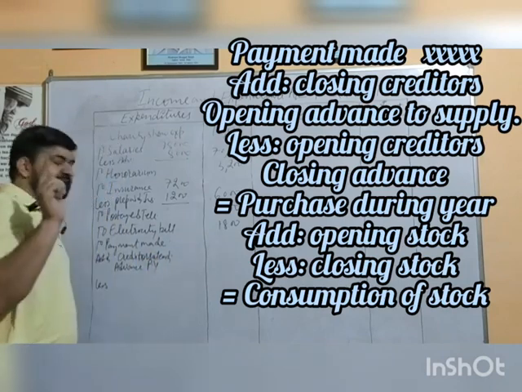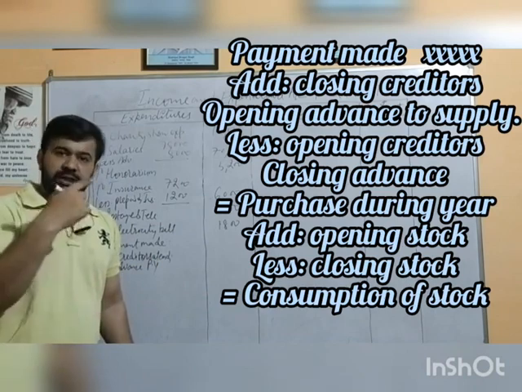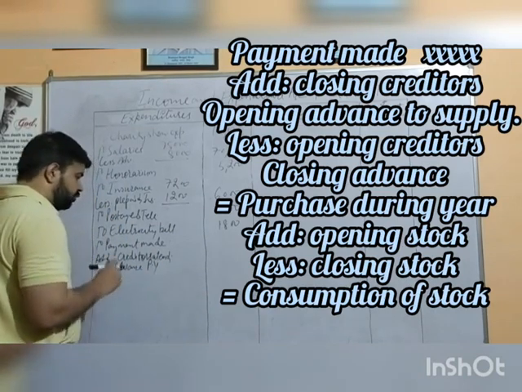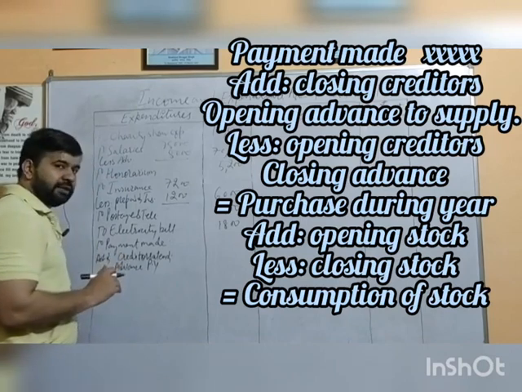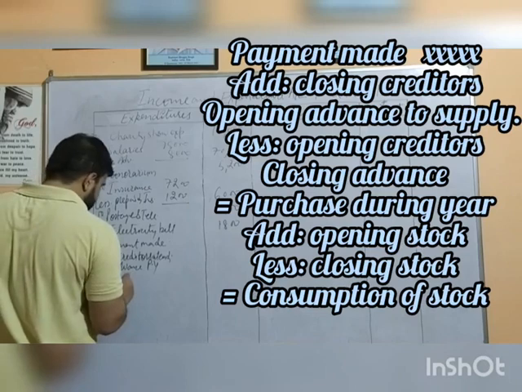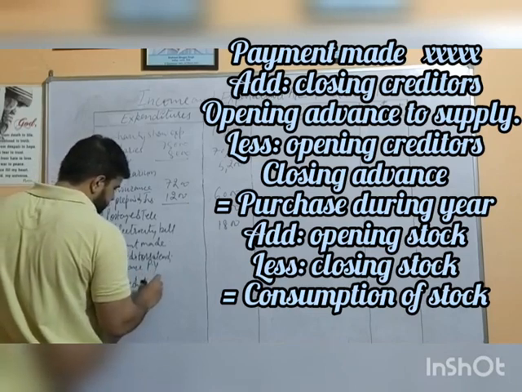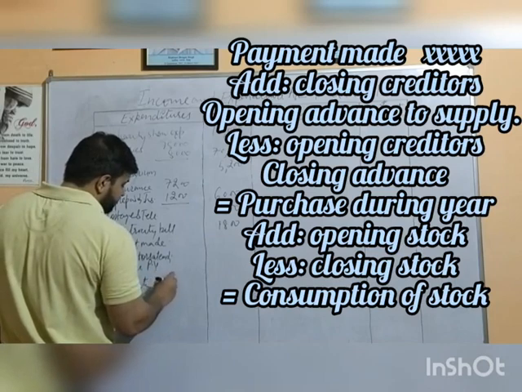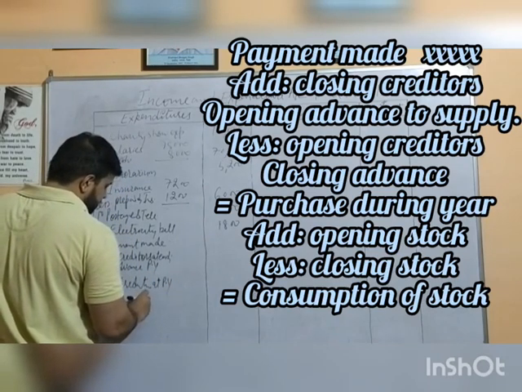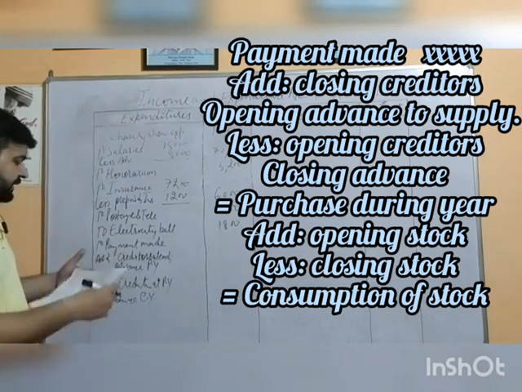You know, previous year advance is related to current year and current year advance is related to the next year. So we are going to less those payments for those creditors which are not related to current year but related to previous and subsequent year respectively. Here we will reduce creditors at the end of previous accounting year and advance during current accounting year.